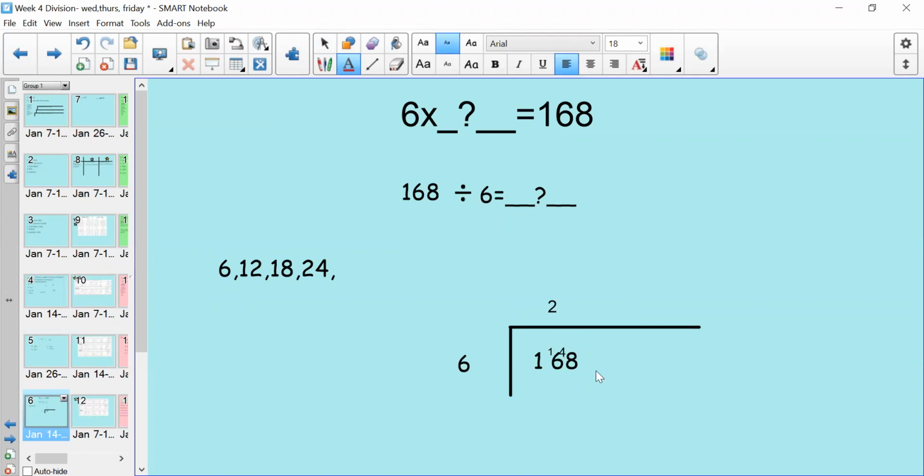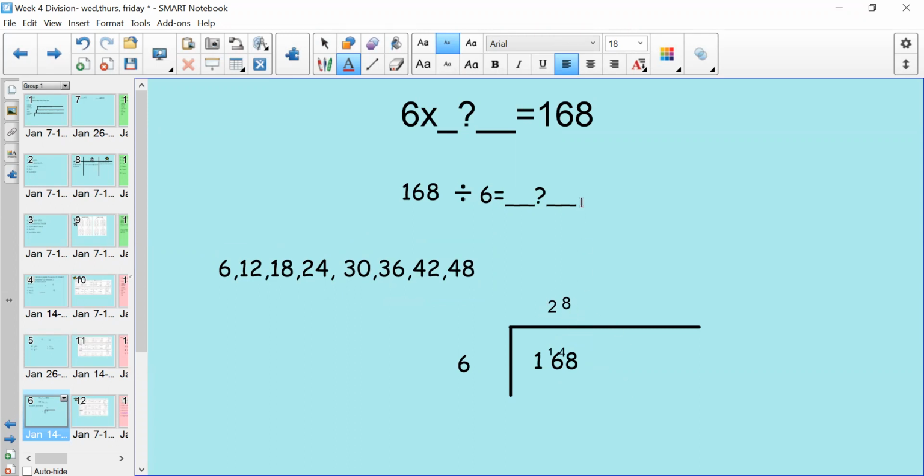So hopefully you know your times tables to know that answer. But if you didn't, you could carry on with your multiples. So 24 and then 30, then 36, then 42, and then 48. And then we can see it goes in 1, 2, 3, 4, 5, 6, 7, 8 times. The answer is 28.